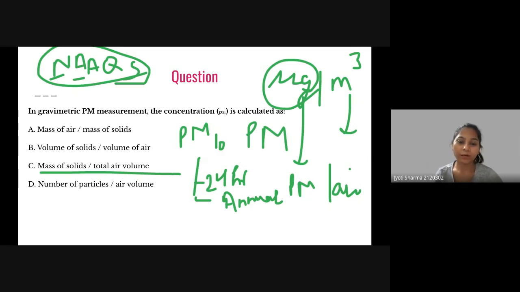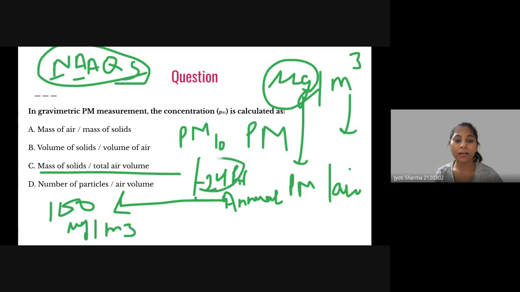So it is something like, if I'm not wrong, this annual is 100 microgram per meter cube, and this 24-hour is 180. But you need to check. I'm 90% sure, but not completely sure about this value, but I think you should know about this value.